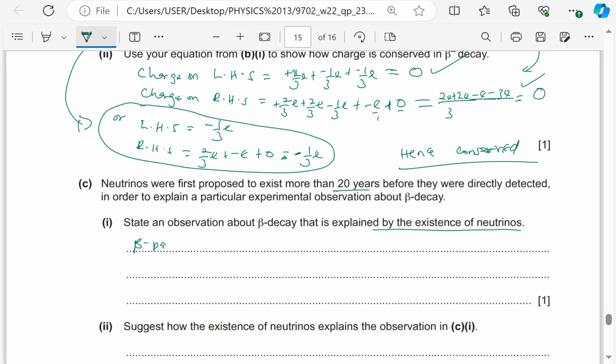So beta particles emitted from the nucleus have a continuous range of kinetic energies.